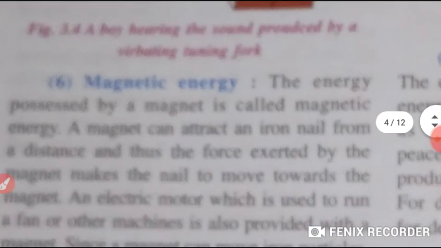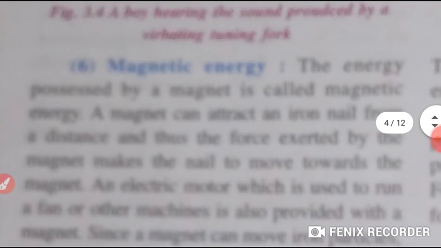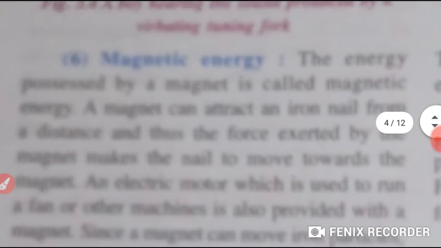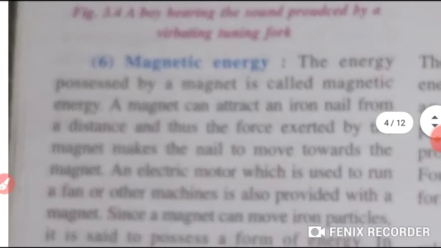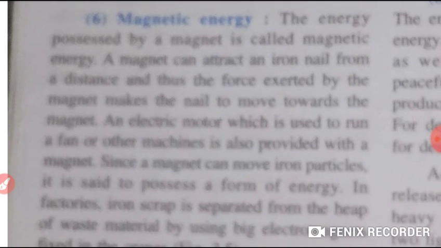Now students, we will talk about magnetic energy. The energy possessed by a magnet is called magnetic energy. A magnet can attract an iron nail from a distance, and thus the force exerted by the magnet makes the nail move towards the magnet.